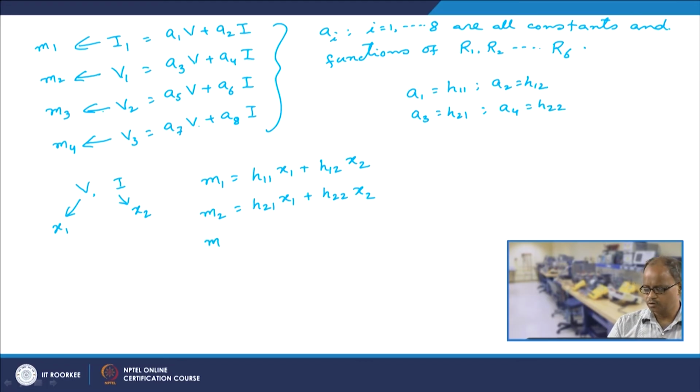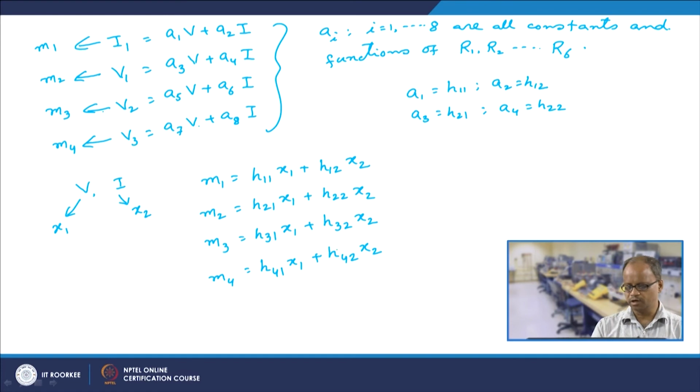Similarly, M3 is equal to H31 x1 plus H32 x2, M4 is equal to H41 x1 plus H42 x2. Of course, H31, H32, H41, H42 we can identify.